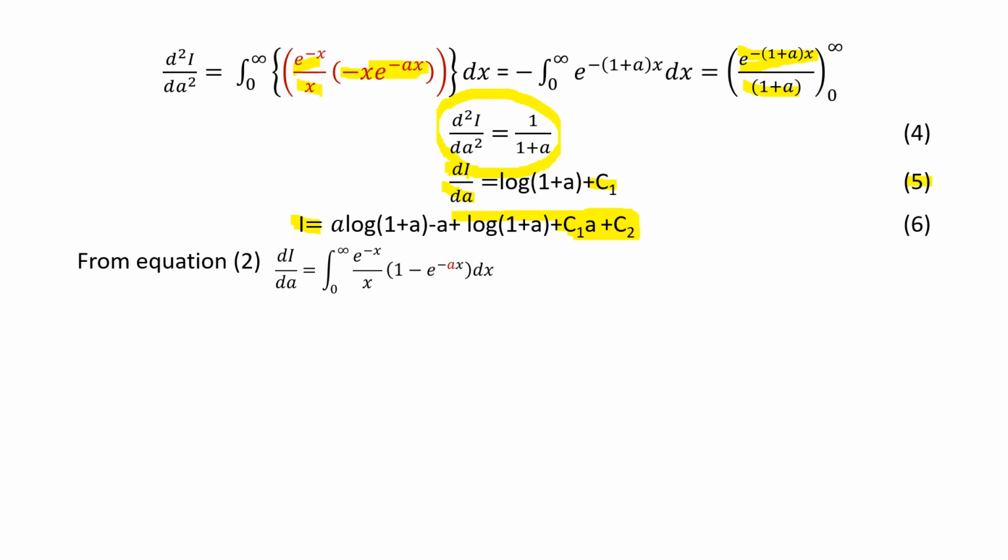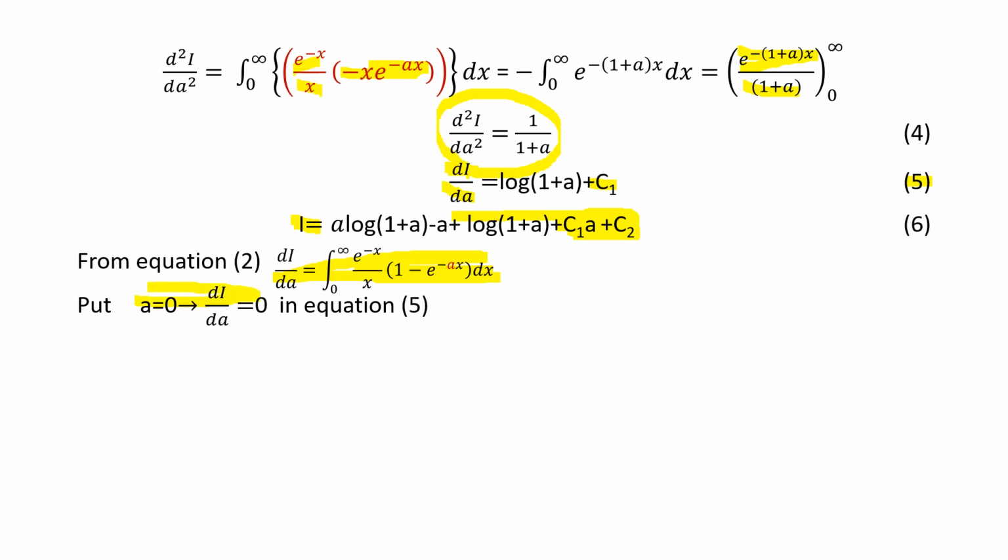Equation number 2 was the dI by dA value. If you put a equal to 0, you can easily see that the value of dI by dA is equal to 0. So we got one condition.